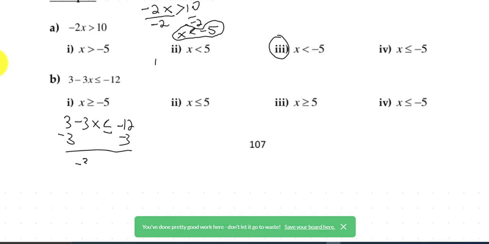And I get negative 3x is less than or equal to, it looks like, minus 15. All right, so I subtract 3 from both sides. And now I have to divide. Again, I'm dividing by a negative. So I have to reverse the direction of the inequality symbol. Negative 15 over negative 3 is 5. So this is my answer. X is greater than or equal to 5. So that would be my correct answer.